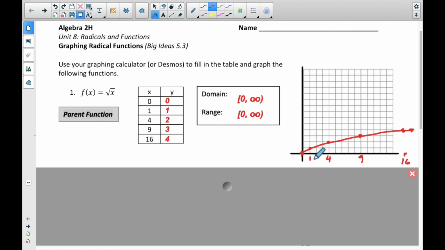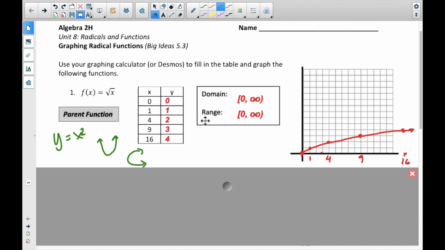Okay, so the reason it's on its side is it is the square root. You don't need to write this part on your sheet, but if we had y equals x squared, that would be like this. This one is the square root, and so it turns it on its side.